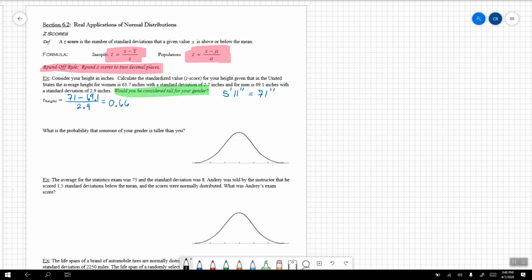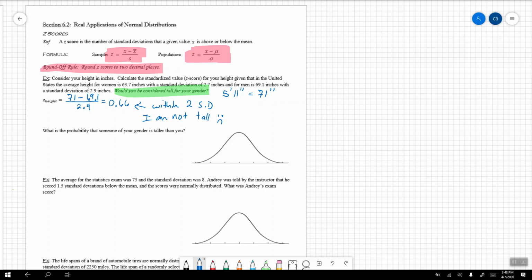Look at my score here, 0.66. That's within the 2 standard deviation rule, which means I am not considered tall. Sad face, not tall.